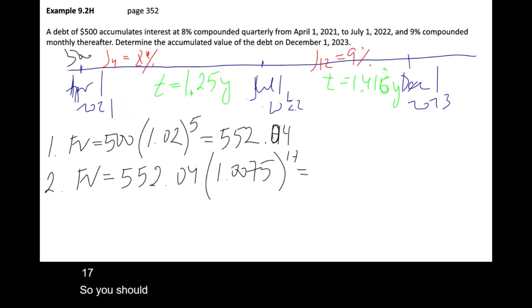So you should get exponent 17. If you have 16 something, it means you rounded value for t. So let's calculate it. $626.81. Please confirm my answer.